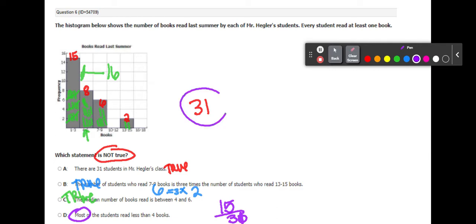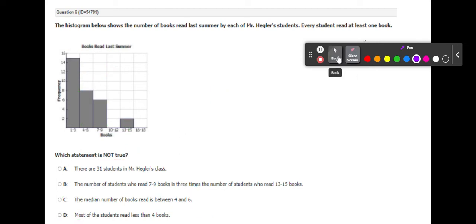Sorry, 30 was the total. 31 was the total. So to be half of 31, it's 15.5. That's half of 31. So more than 15.5 would be most. So this one is false because 15 is not most of 31. So this one was a tricky one. That one's D. Got to read those questions carefully, all those words in there.